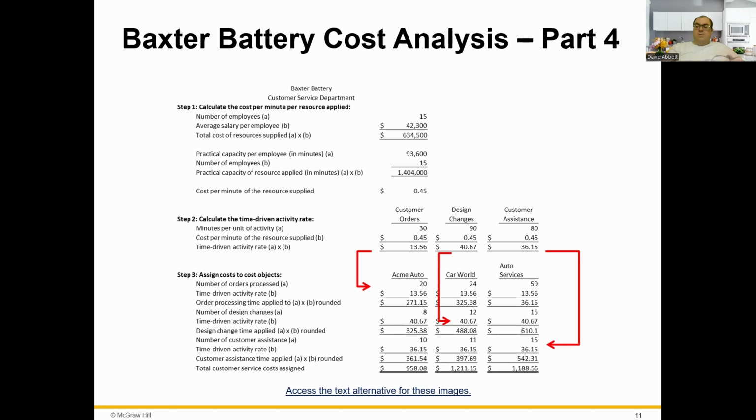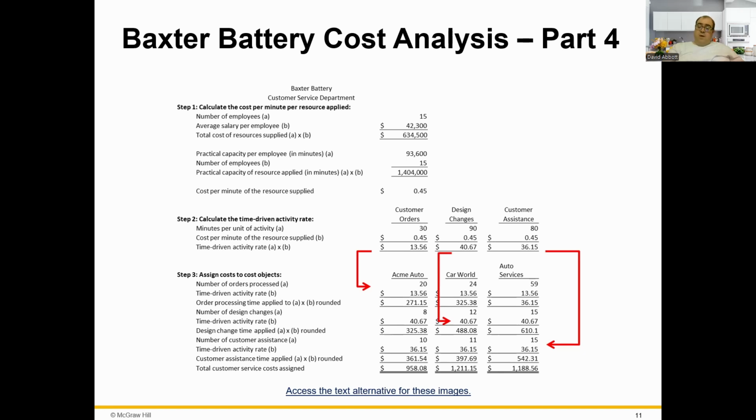The total, by how much each order was, is $271.15. 8 design changes times the cost per design change of $40.67 is $325.38. And then the number of customer assistance requests, which was 10 times 36.15, is $361.51.